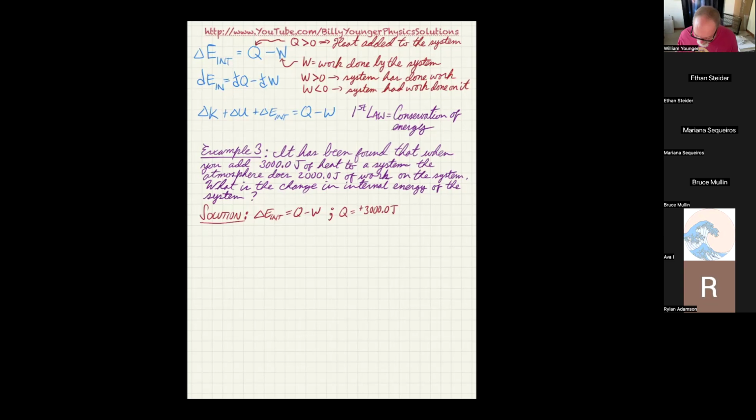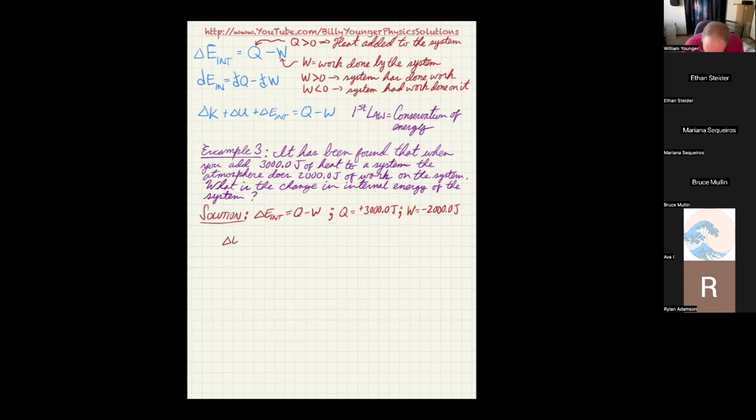That's particularly problematic because now I have a 5 sig fig number. Now, in addition to that, we found that when you added that much heat to a system, the atmosphere did 2,000 joules of work on the system. So in that case, the W is negative, and we get W is equal to negative 2,000.0 joules. Again, another 5 sig fig number.